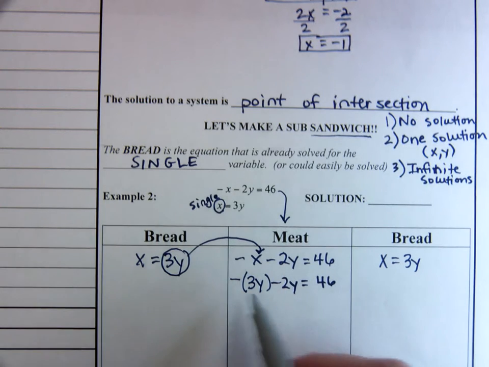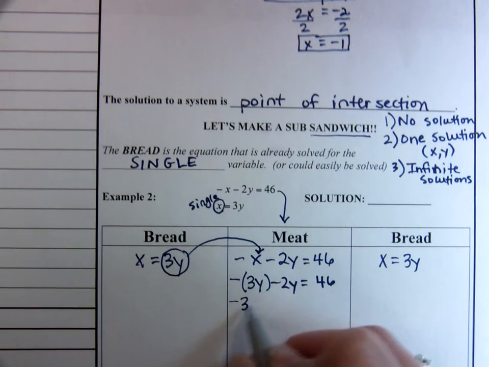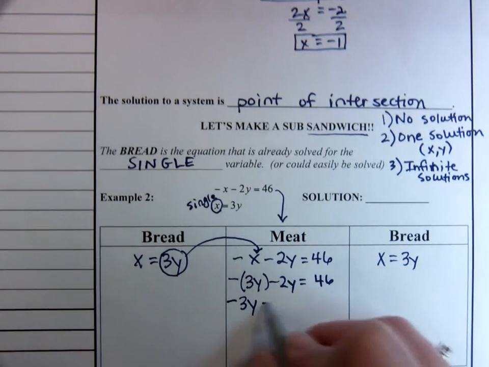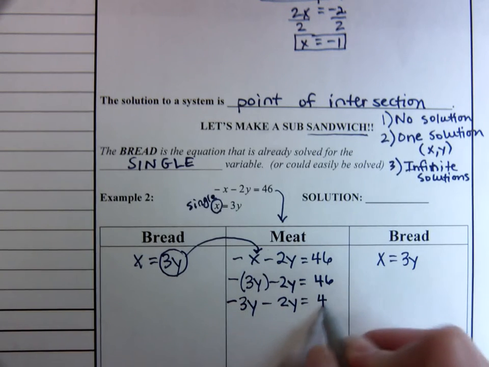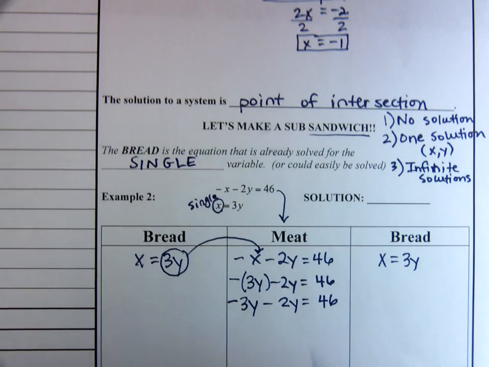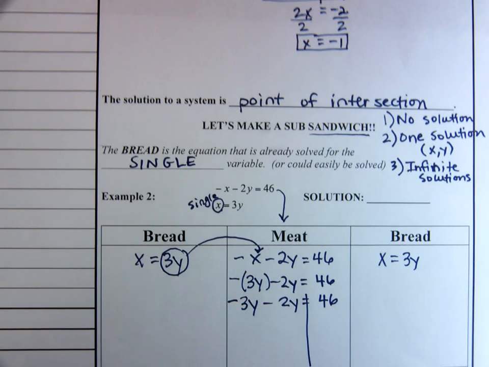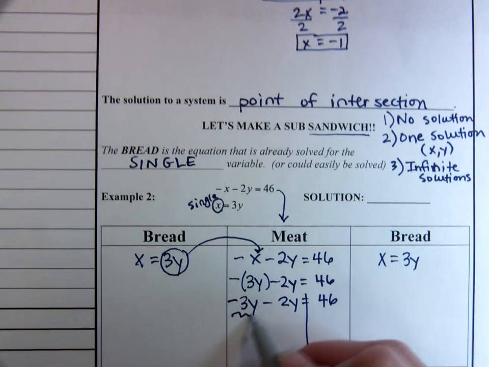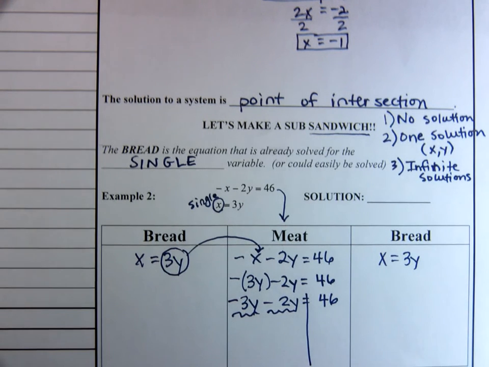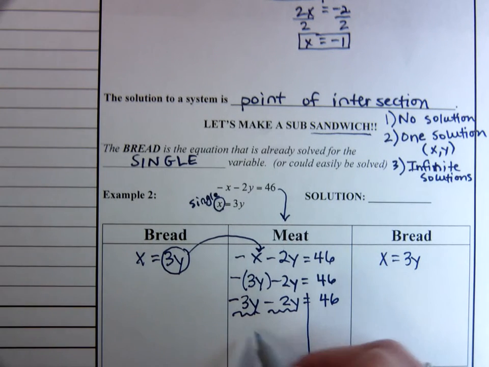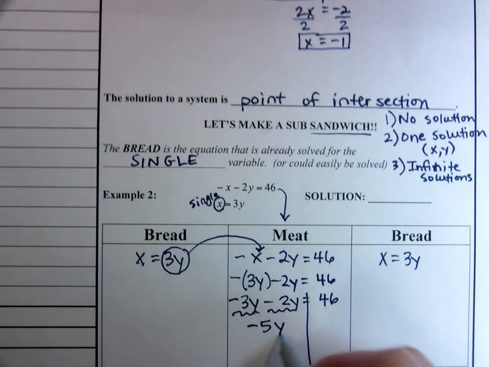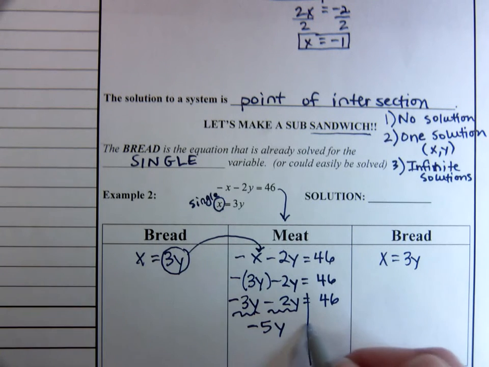Now, we've got negative 3y, because negative times 3y is just negative 3y. And if we look at the left-hand side, is there anything that can be combined? Absolutely. The negative 3y and the negative 2y can be combined. And using your integer rules, it's negative 5y for negative 3y plus negative 2y. And we end up with 46 over here.